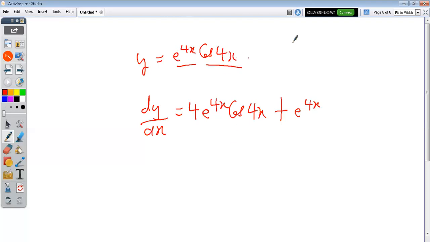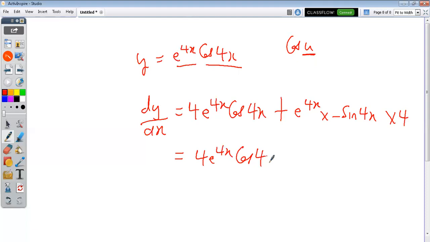In your head, you should think of cos u. What is the differentiation of cos u? Check in your booklet, it is minus sine u. So it's multiplied by negative sine 4x, but multiply now by the differential of u, which is 4. The differential of 4x is 4 here. So we get 4 e to the power of 4x cos 4x.